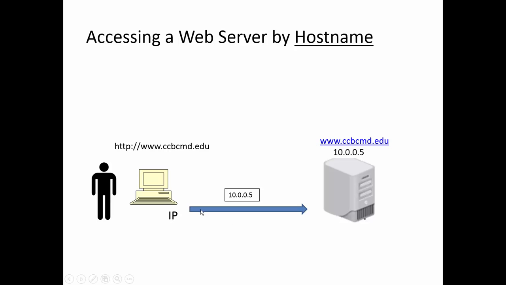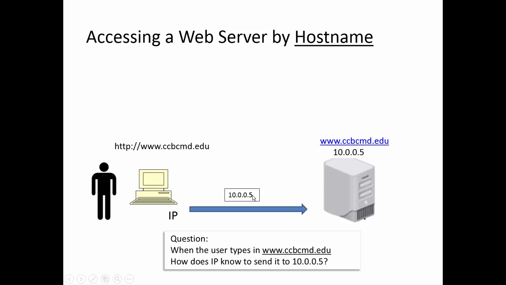And then the IP protocol would send a packet to the web server, which is 10.0.0.5. Here's the question. When the user types ccbcmd.edu and presses the enter key, how does the IP protocol know to send it to 10.0.0.5? And the answer is DNS.